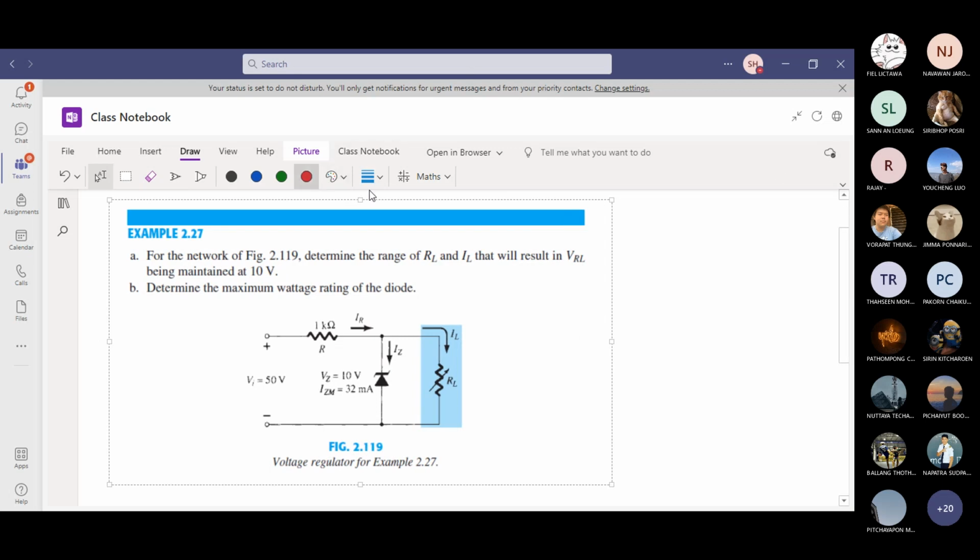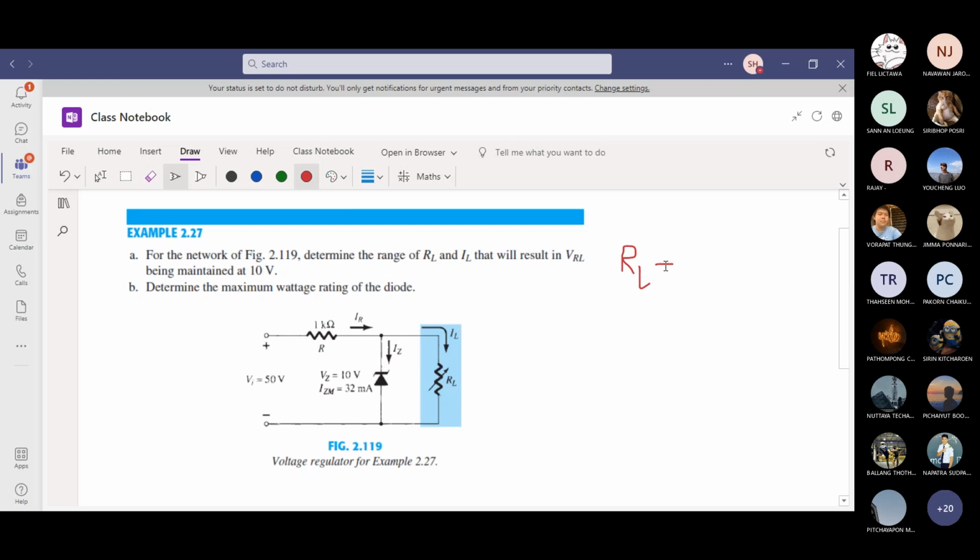If you go to the equation, if I tell you directly, I remember it's R times Vz divided by Vi minus Vz. So how much is RL minimum? R is given, Vz rating is given.